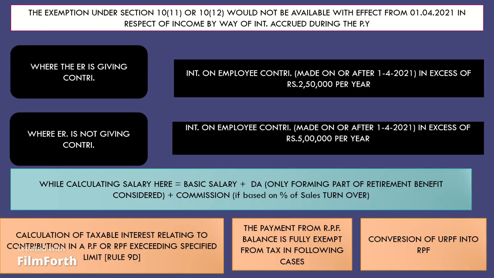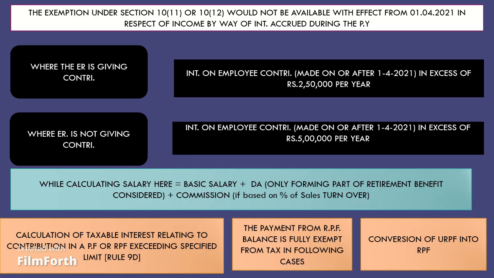For this purpose, separate accounts within the Provident Fund account shall be maintained during the previous year 2021-22 and all subsequent previous years for taxable contribution and non-taxable contribution made by a person. Non-taxable contribution account is the aggregate of: Point 1, the closing balance in the account as on March 31, 2021.